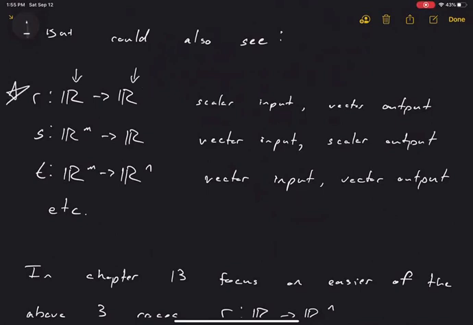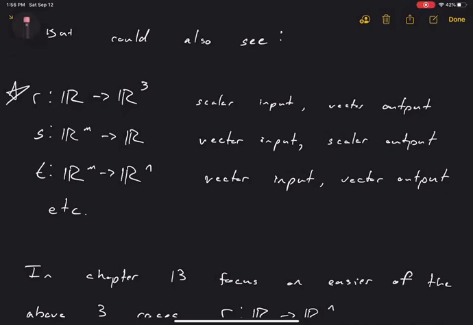We're going to deal with this in this section, and usually this n is going to be 3. When I write n, that just means we're not being specific about what dimension we're in, but usually it's going to be 3. So this is a function whose input is a single number and whose output is a point or a vector in R3.